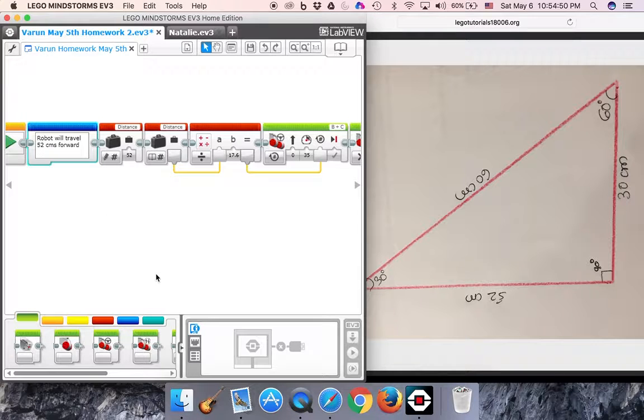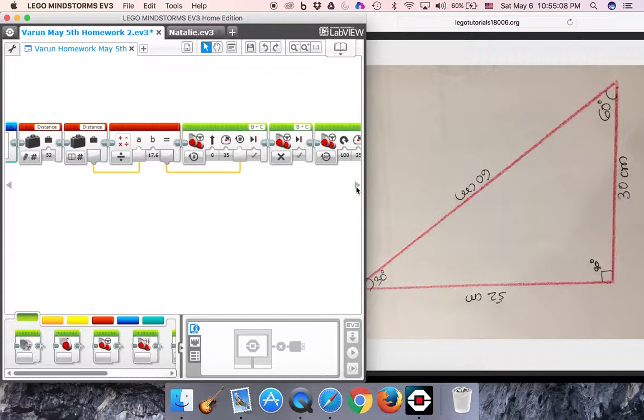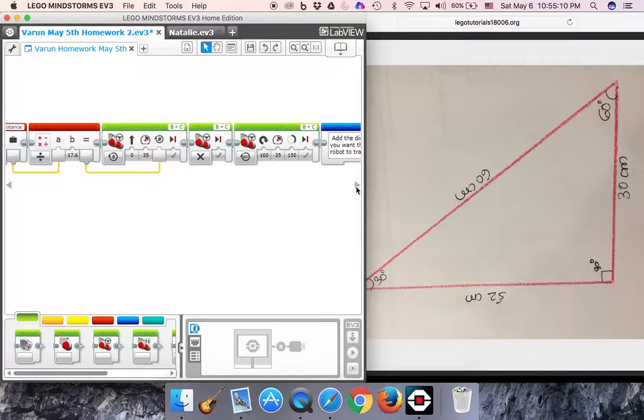That's the whole purpose of the program, and it's important to understand this. I hope you understood this variable program where you put the distance in, you read the variable, it automatically divides by 7.6 and gives you the rotation, which is good.